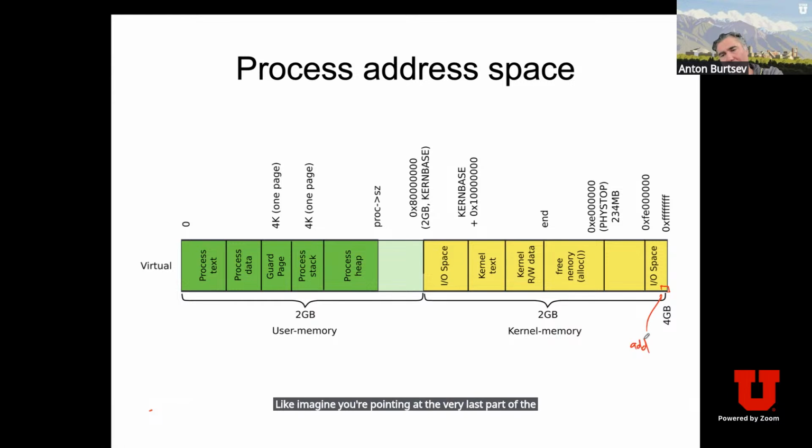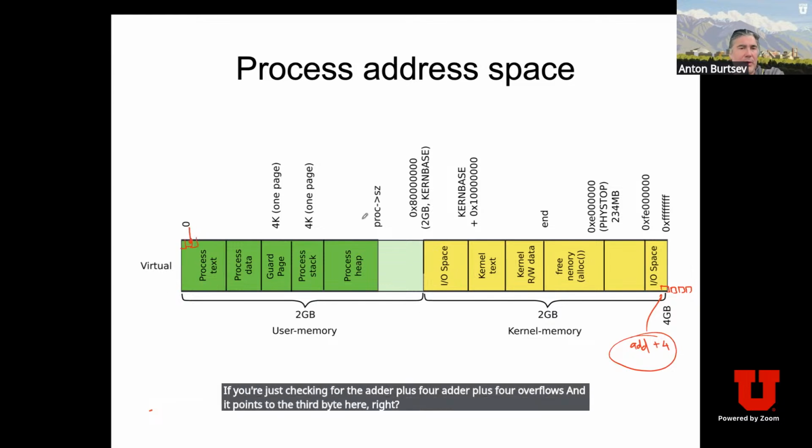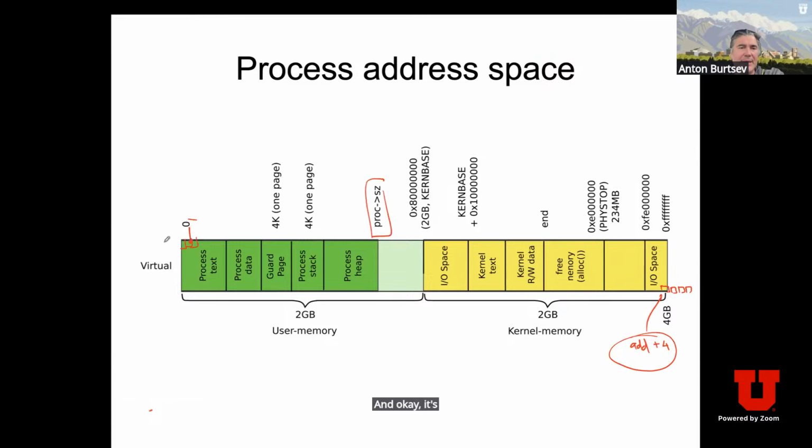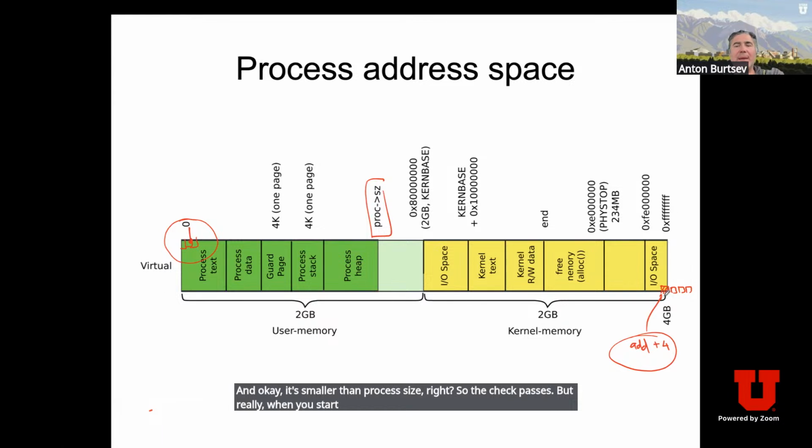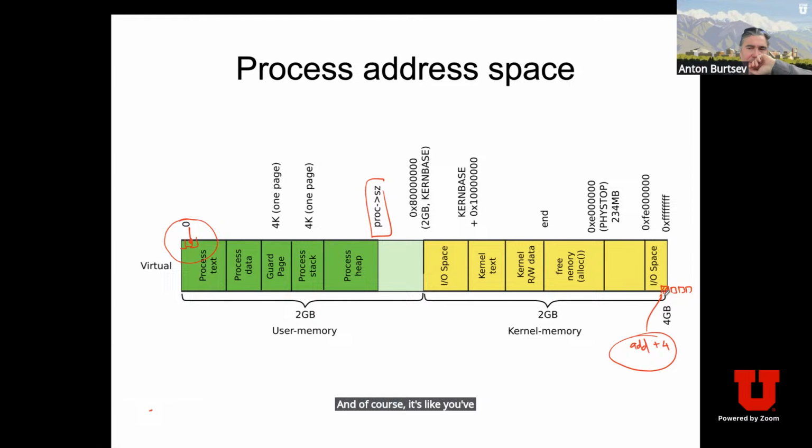If you're just checking the address plus 4, it overflows and points to the 3rd byte here, right? And okay, it's smaller than process size, right? So the check passes. But really, when you start accessing, you will be able to override this last byte. And of course, you can shift by 3 as well if you want. Make sense?